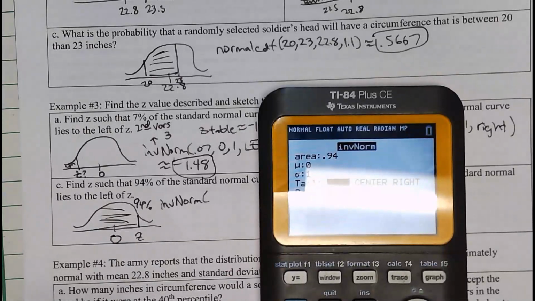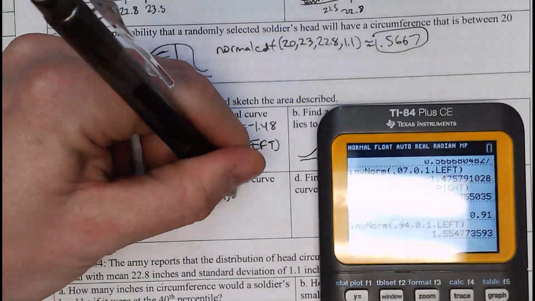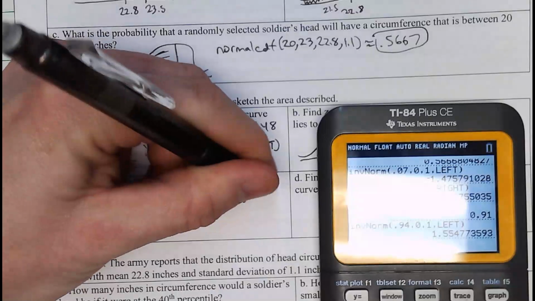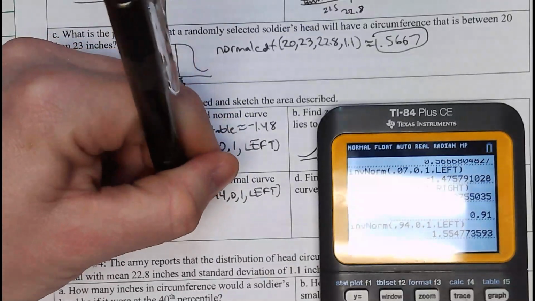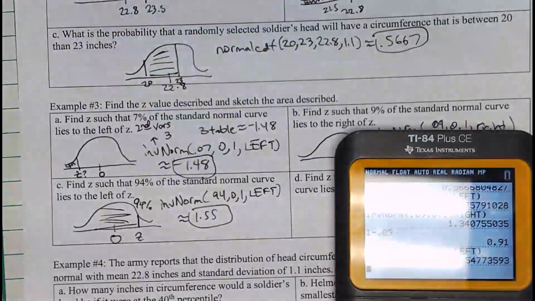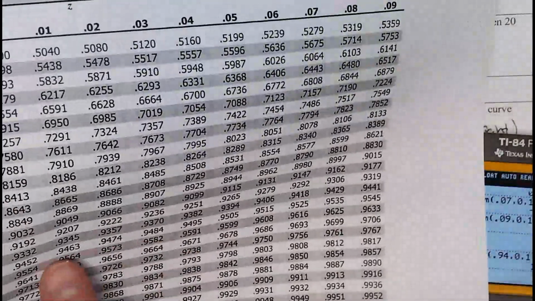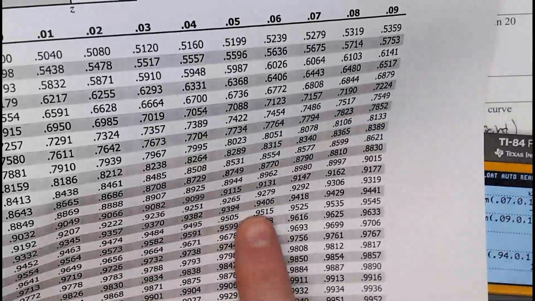So we're going to put left. So 0.94, 0, 1, left. SALT will do this even better. You could do this using the table. Find 0.94 on here. 1.55, 1.56, somewhere in there.